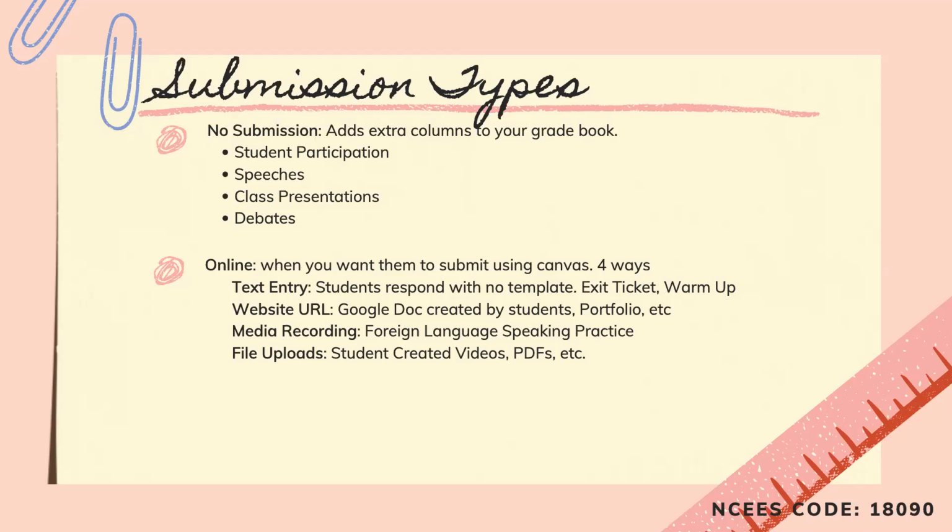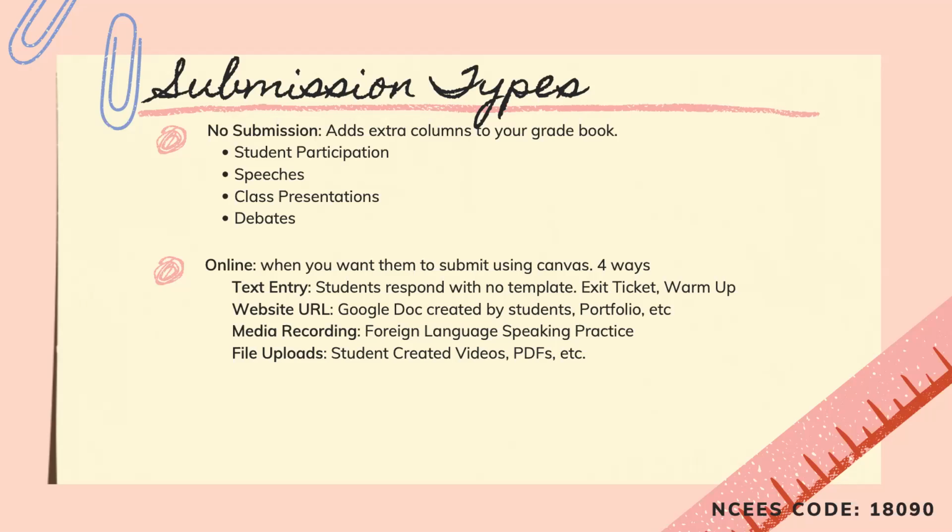The other one is a website URL. If you want your students to create their own Google Doc without a template from you, this is also a great way to do that, because your student can simply put the link to their Google Doc and submit that to you.